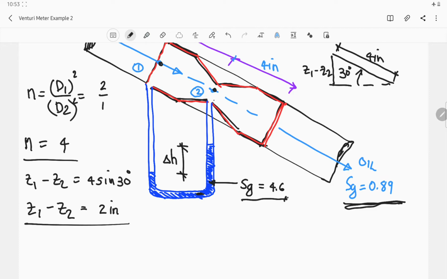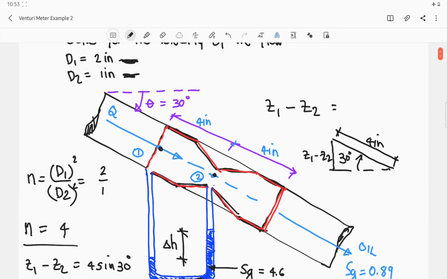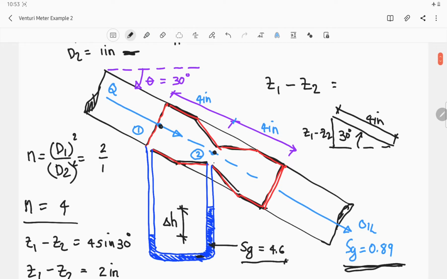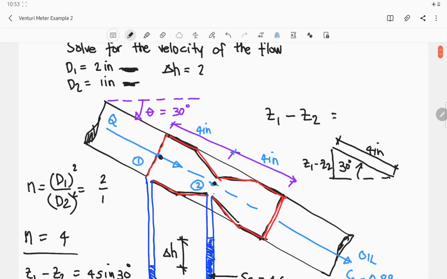Next, we need to solve for the difference in pressure between P1 and P2. Delta H is given as 2.5 inches.